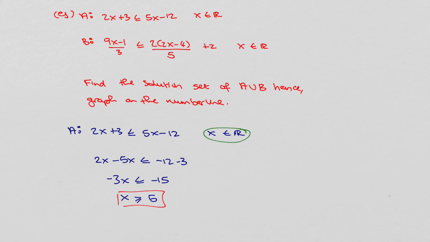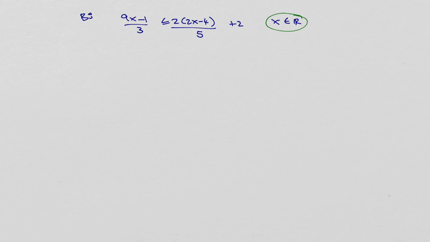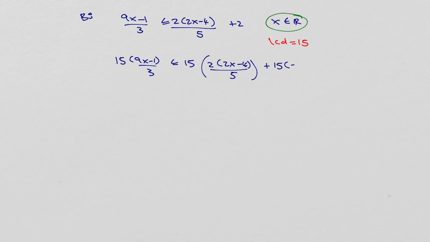So now if I do B, again we note x is an element of the real numbers here. I have fractions, so I'm going to look at my lowest common denominator first. Between 3 and 5 it's going to be 15. So that means I'm going to multiply everything across by 15, making sure we're doing every term on both the left and the right hand side.